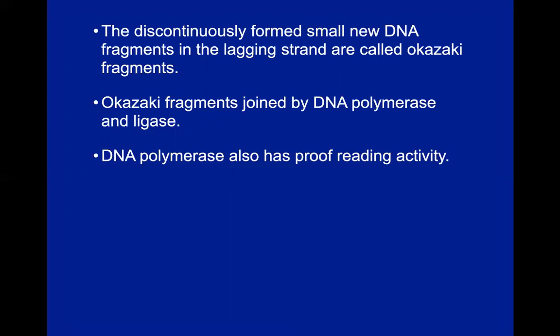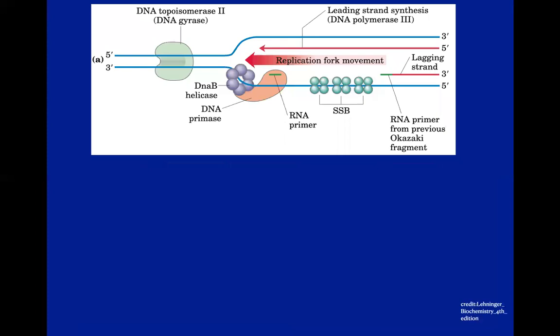These are then joined by DNA polymerase and ligase. Now you can see here the polarity of replication. So this is the replication fork movement here. So in the 5 prime to 3 prime direction, when it is read along the 3 prime to 5 prime template, the strand becomes the leading strand because it is continuously synthesizing.